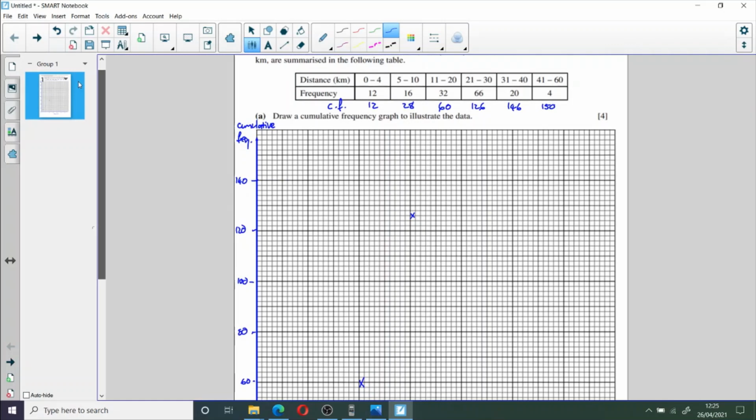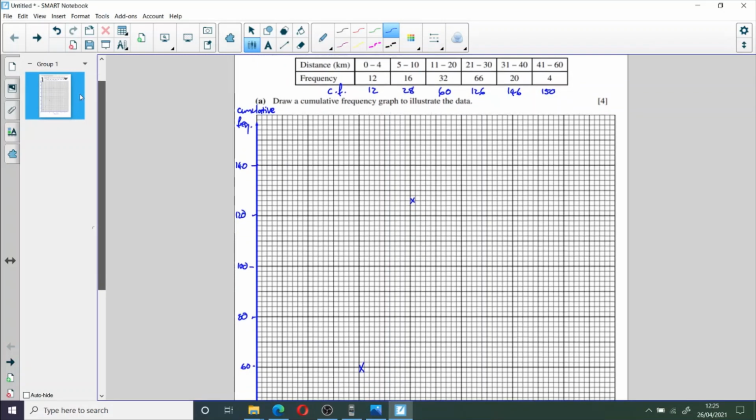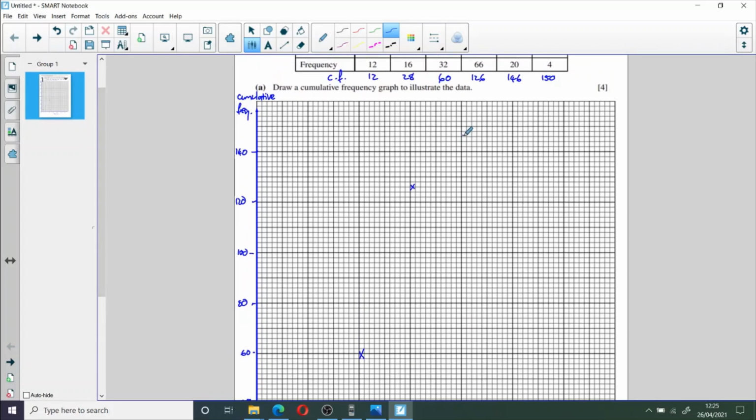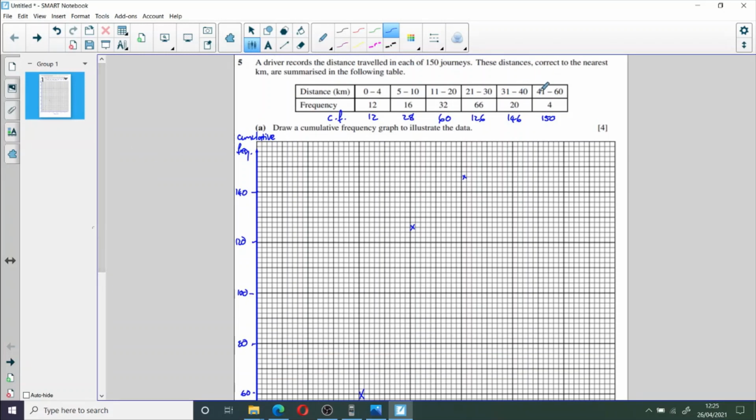And at 40.5, 146. And at 60.5, 150. And then we're going to connect these up with straight lines.